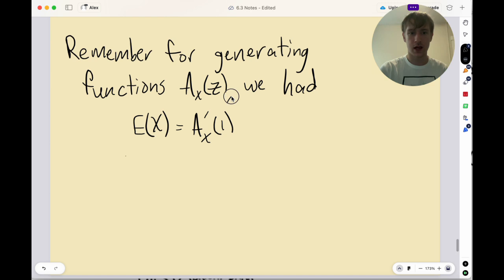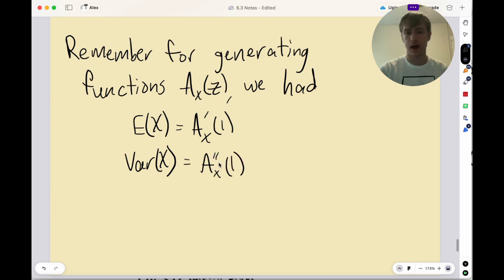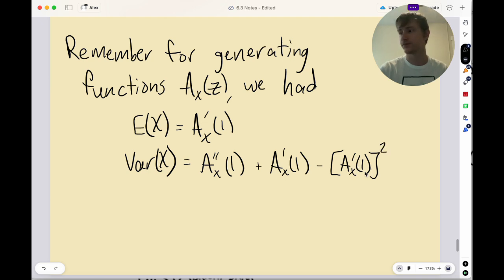And we also got that the variance was a little stranger, but not too bad. It's going to involve a second derivative plus the first derivative evaluated at 1 minus the first derivative evaluated at 1 squared.